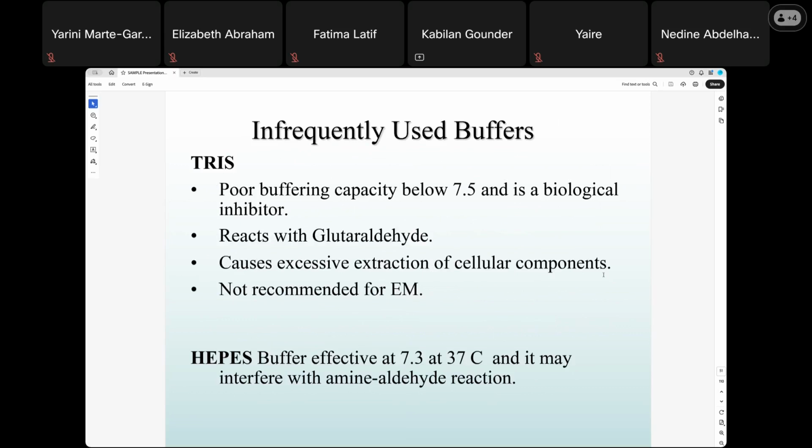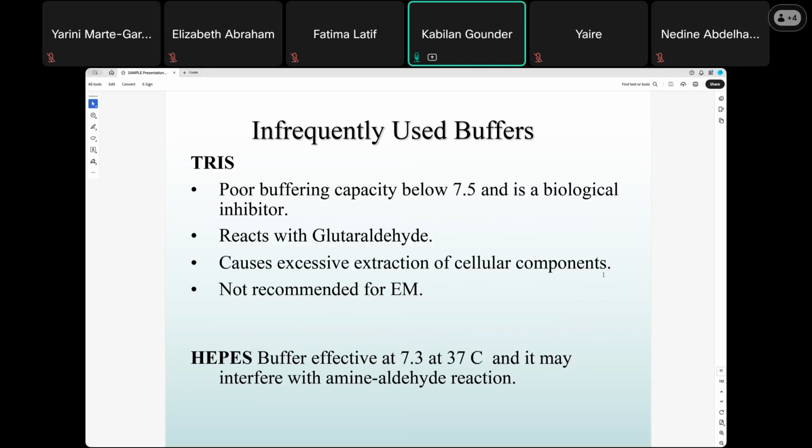Another important buffer is TRIS. It has poor buffering capacity when acidic, and it is a biological inhibitor. It also reacts with glutaraldehyde and causes excessive extraction of cellular components.